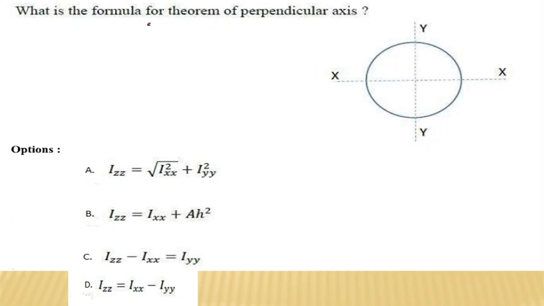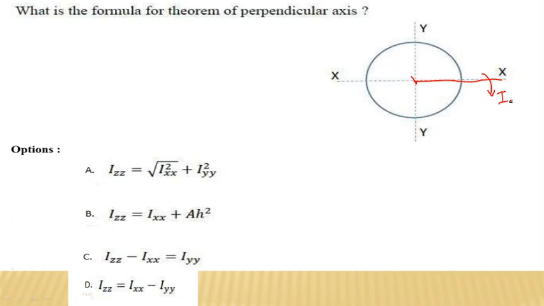What is the formula for the perpendicular axis theorem? Let me explain the statement of the perpendicular axis theorem. When we have a lamina, a plane figure, this is the x-axis, and the moment of inertia about this x-axis is Ixx.